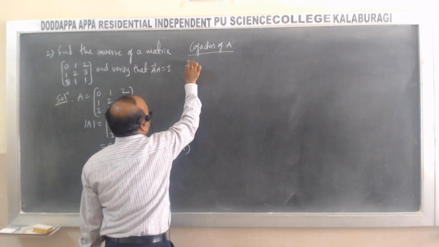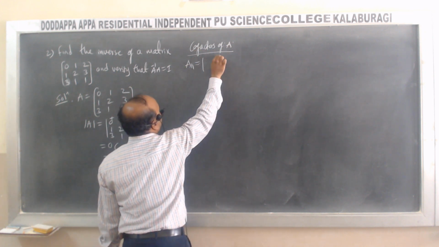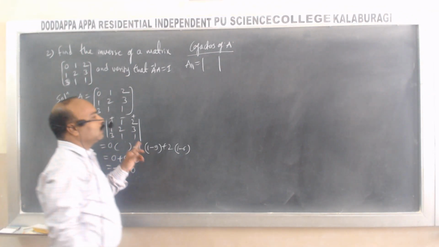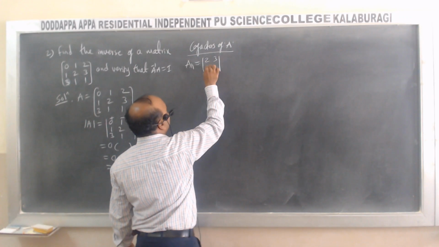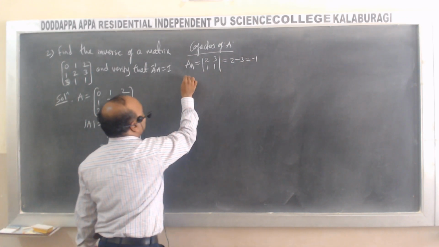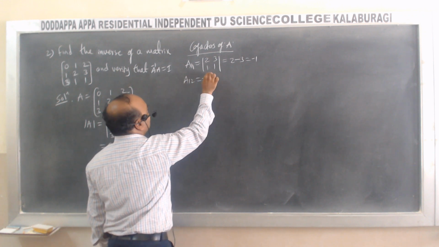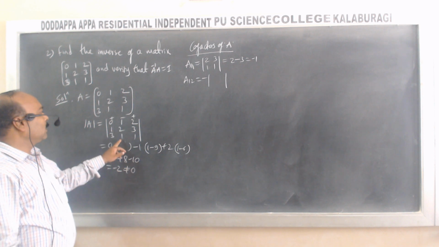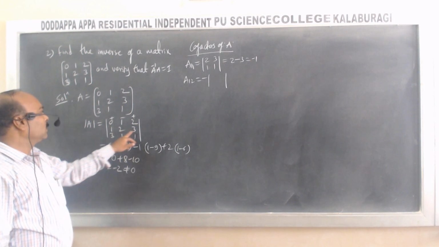Now first we calculate A11. Deleting this column and this row, we get 2, 3, 1, 1. So we get 2 minus 3, it is minus 1. Next A12, it is minus of determinant. Deleting this column and this row, we get 1, 3, 3, 1.